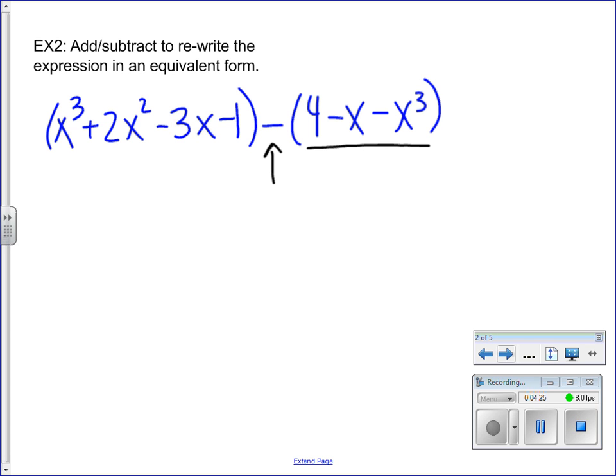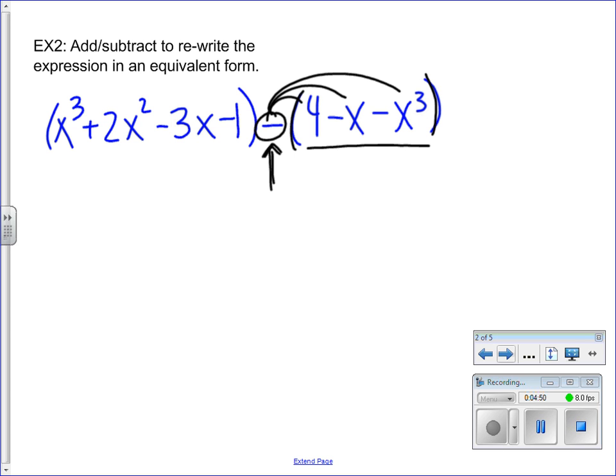That's okay. We don't have to write it that way until the very end when we are like submitting our solution. Okay, so first thing I'm going to do is I'm going to take care of this negative sign in between. The only way I can get rid of these parentheses is by what we call distributing that negative sign. So I'm going to take this negative sign, I'm going to apply it to everything in that second expression.